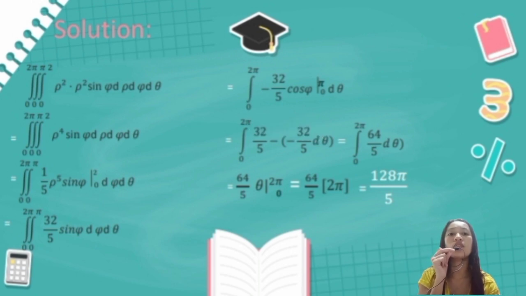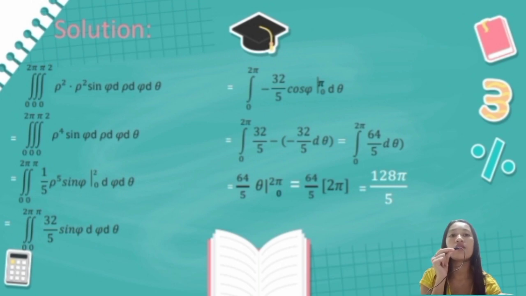When phi is equal to pi, cosine pi is negative 1, so positive 32/5, minus, when phi is 0, cosine 0 is 1, so we will have a negative 32/5. We will have a positive 64/5.